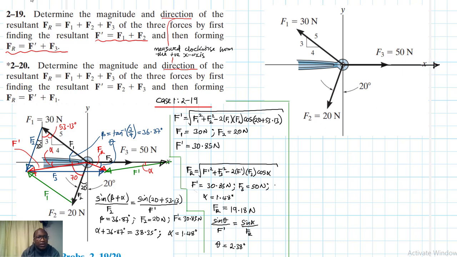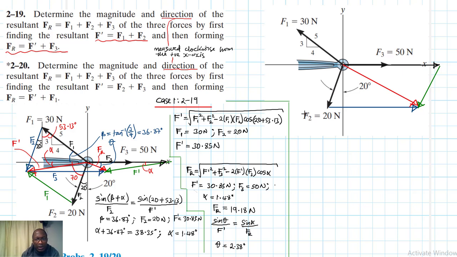Therefore, we'll draw this like so. Something like that. And then let's add some details.